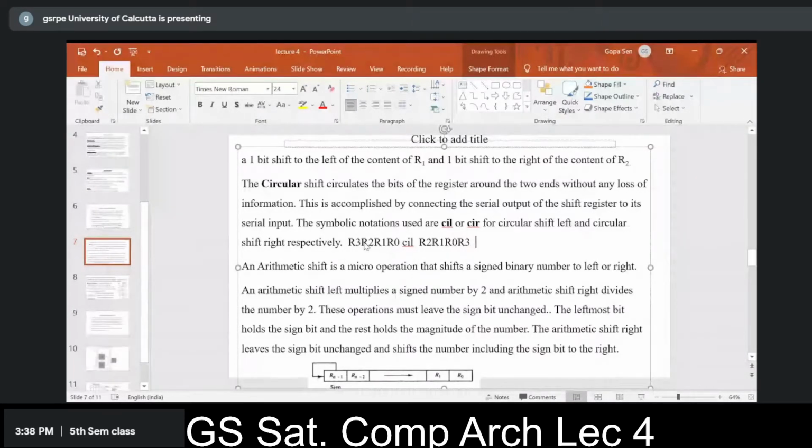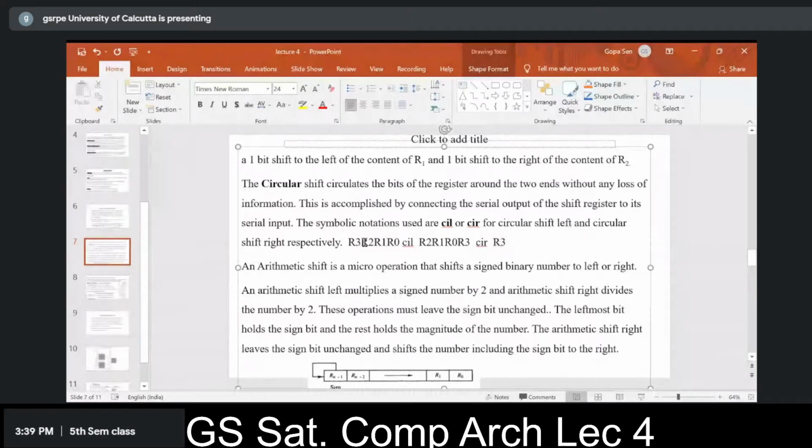Similarly, if CIR is executed, what will happen? R0 will come to the vacant place.